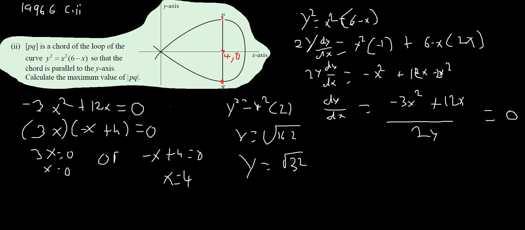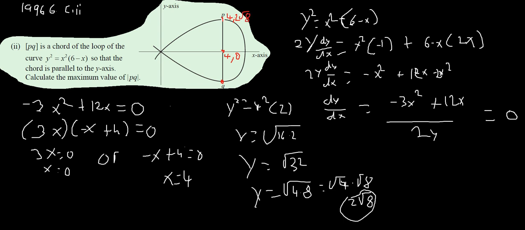Square root 32 is like saying 4 times 8, and that is just like saying square root 4 times square root 8. We know square root 4 is 2, so that's 2 square root 8. And that's our y. So we know this point up here is 4 and 2 square root 8.